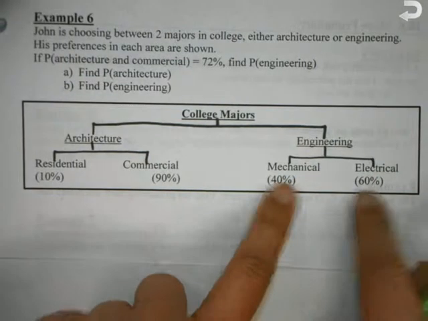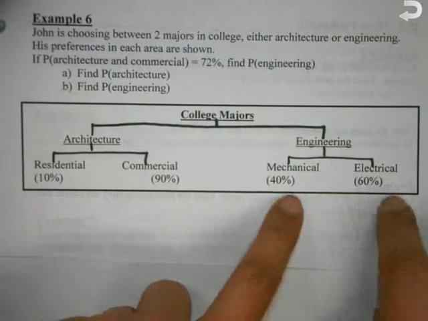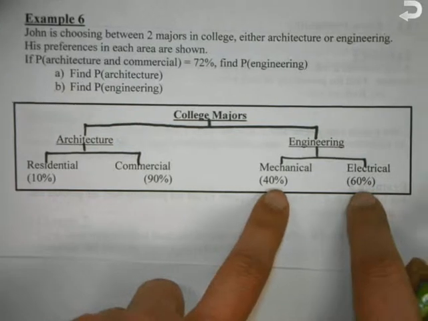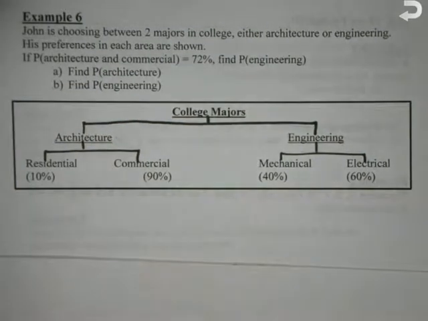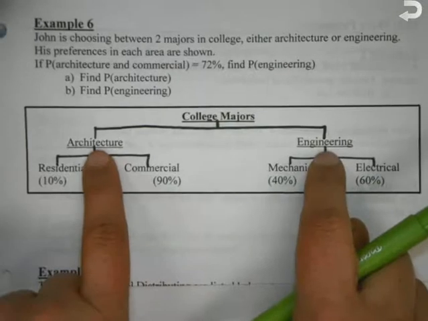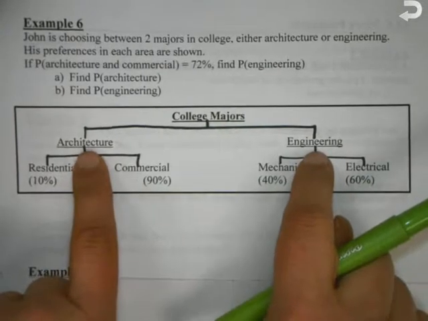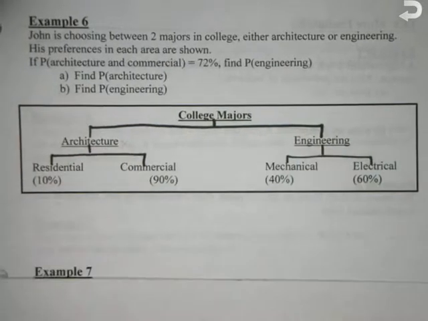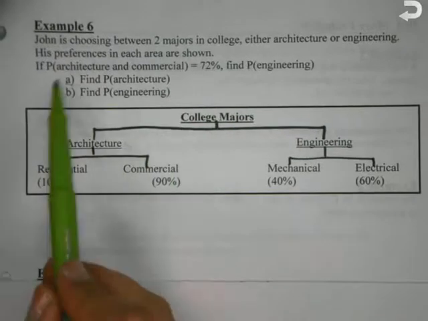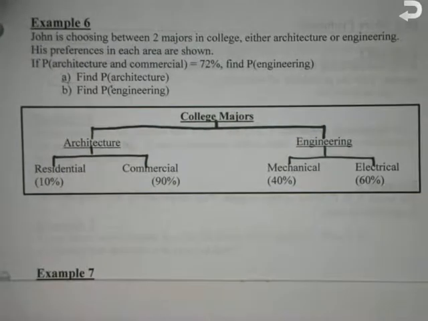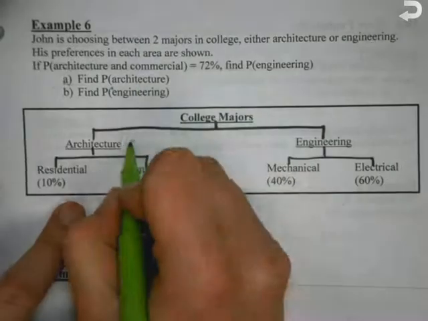So let's look at part A. We want to find the probability that he is going to pick architecture. Let's call that X. Okay. What did we know about architecture though? It's 72%. The chance that he's going to pick architecture and then pick commercial is 72%.